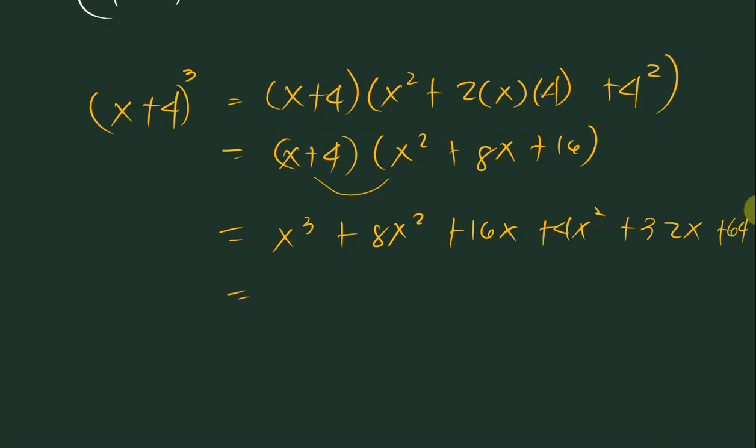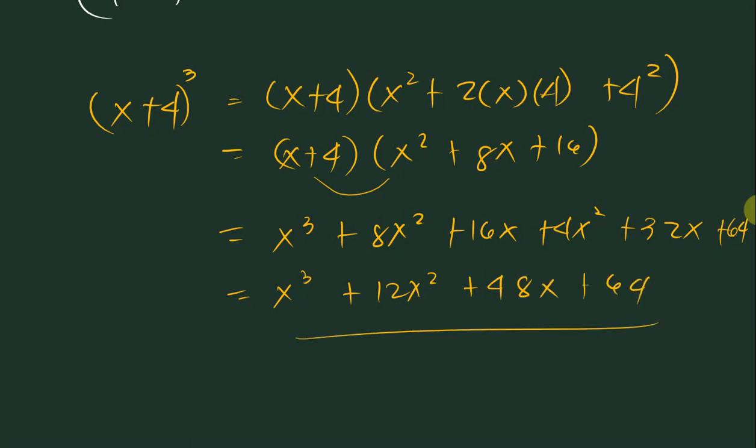Okay, then what do you have here? Have here x cubed, and then 8x squared plus 4x squared, that will be 12x squared, and then 16x plus 32, that would be 48, right? Then 48x, and then plus 64. Okay, this will be then our final answer.